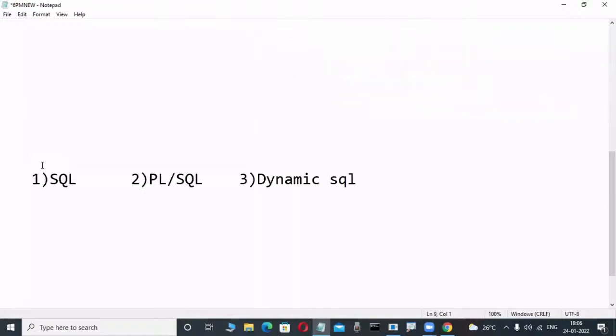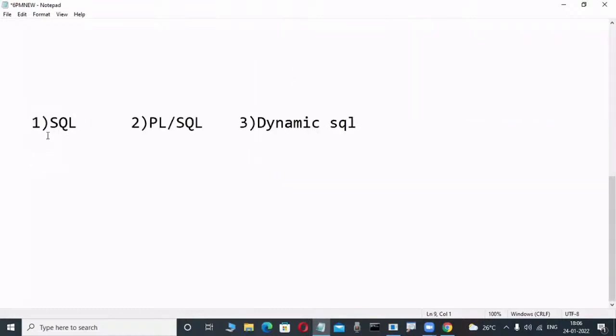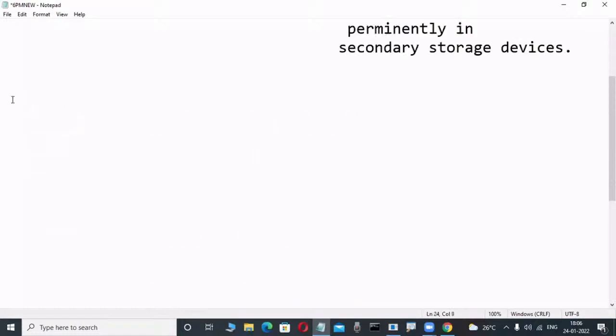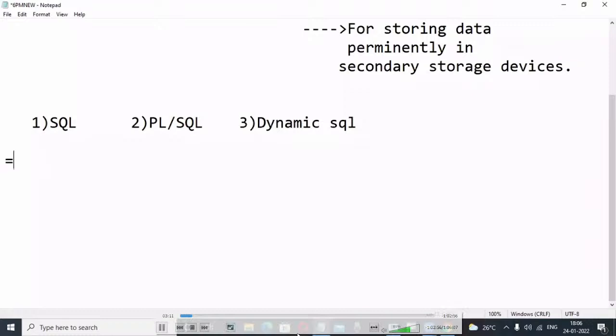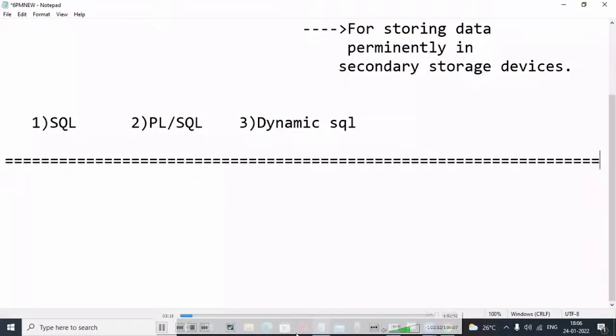For operating these products we use SQL. But for the Oracle database product, we use three languages: one is SQL, another is PL/SQL, another is dynamic SQL. Up to this point, we learned in the previous classes.